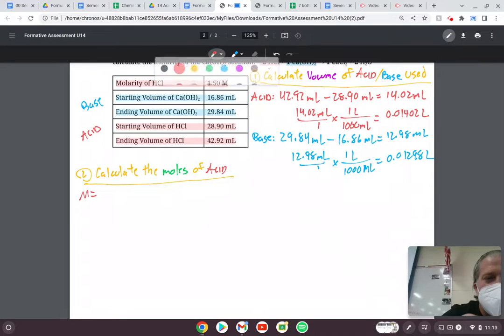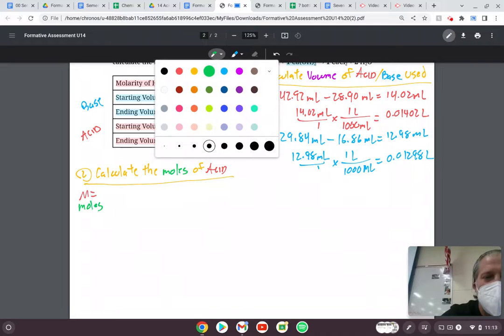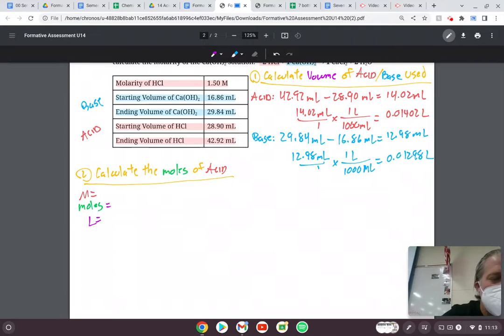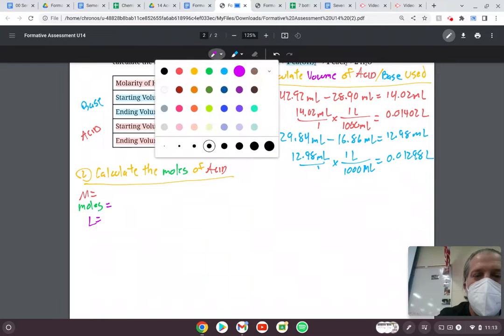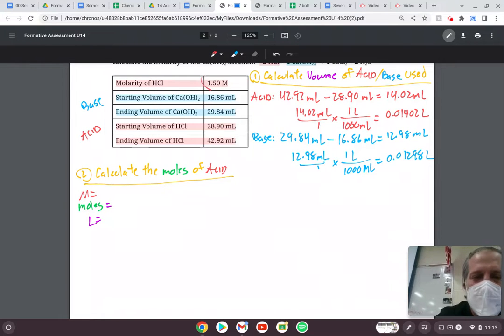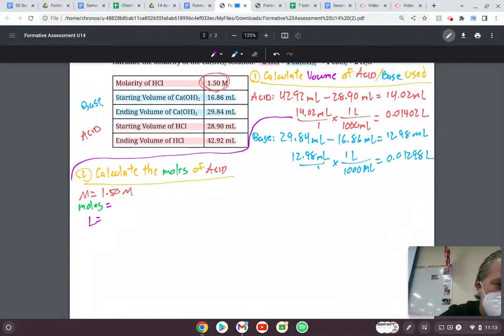So molarity is equal to moles over liters. In this problem, we already know the molarity of our acid. We were given that up above, so that's going to be 1.50 molar. And we just calculated the volume of the acid that you used. So I'm going to use the 0.01402 liters.